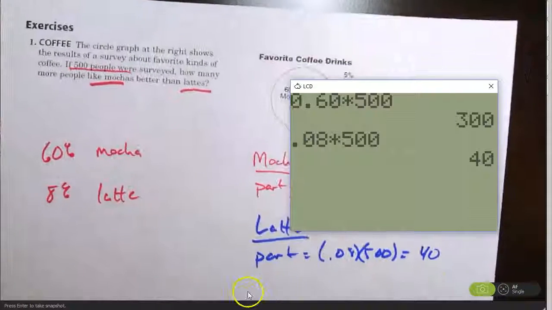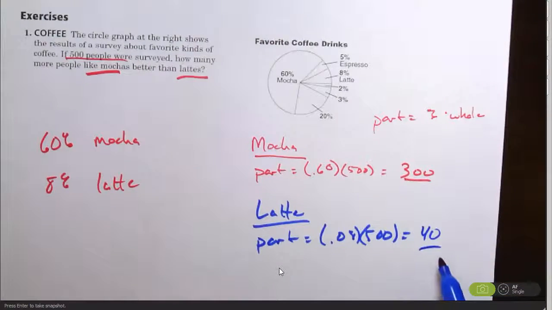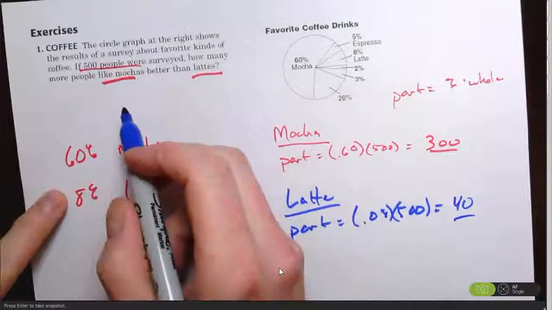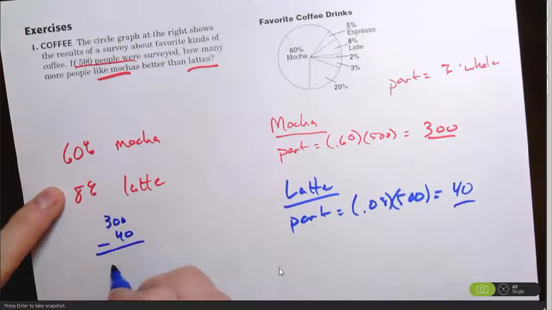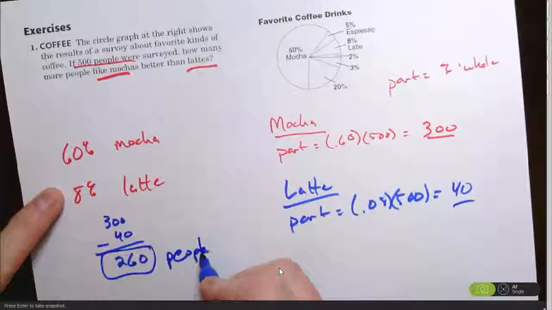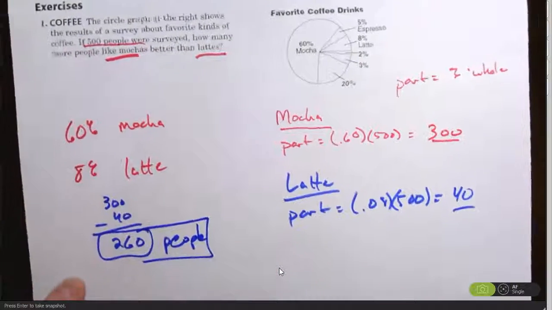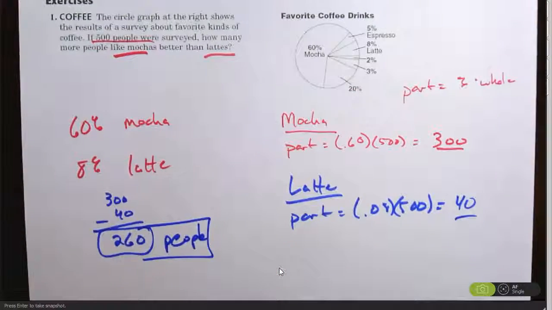So we know 300 liked mocha, 40 liked latte. So how many more liked mochas than latte? Well, 300 minus 40 gives us 260. So 260 people liked mochas more than lattes.